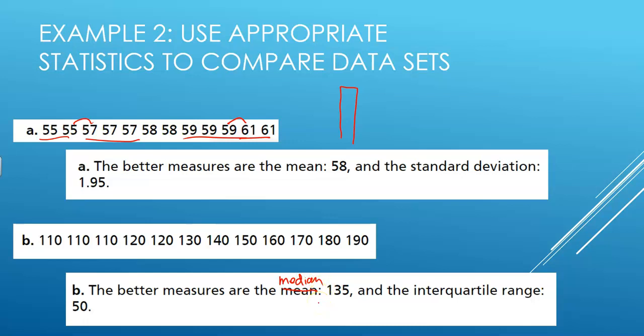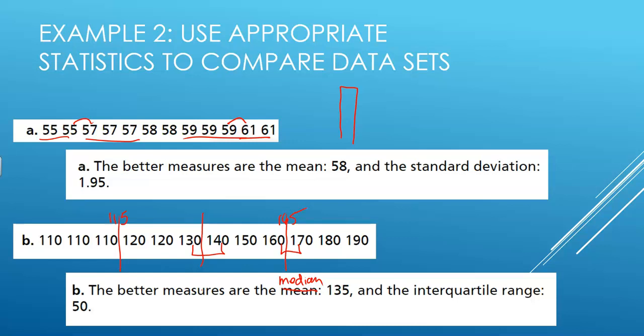Which is 135. And let me see, 1, 2, 3, 4, 5, 6. 1, 2, 3, 4, 5, 6. Yeah. 135 is halfway in the middle. And then the third quartile, since we divide those in 3, right? Would be halfway between there, would be 165. And then halfway here, the first quartile would be, whoops. And then lets you know we're almost done. 115, I would subtract 165 minus 115 and get 50.